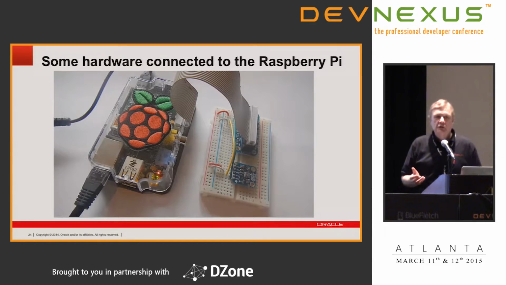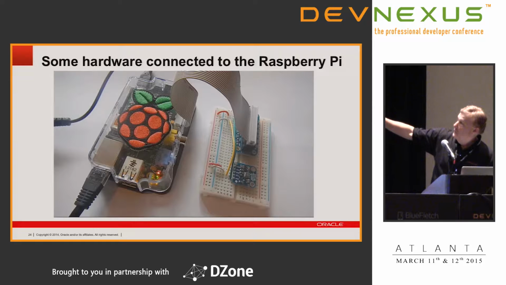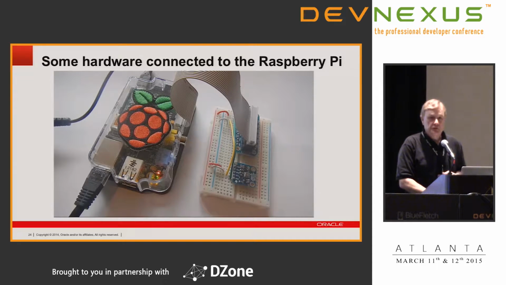This is what it looks like with some hardware connected to the Raspberry Pi. The Raspberry Pi is on the left with a clear cover, and here's the breadboard with the connections in it. At the bottom right is the temperature and pressure sensor.